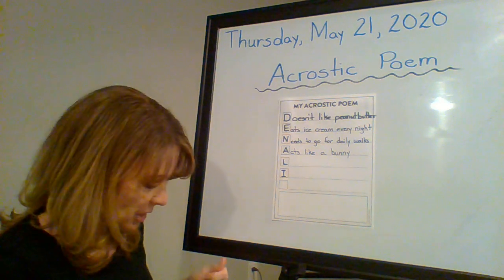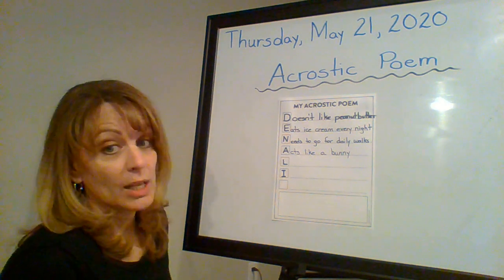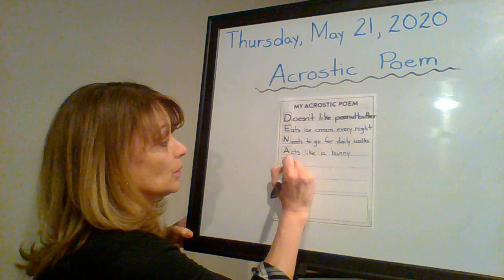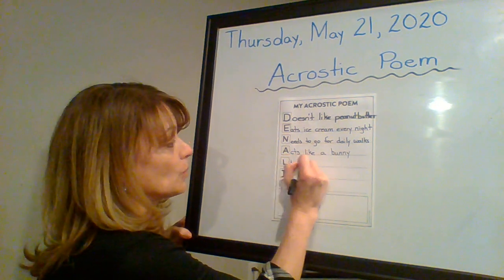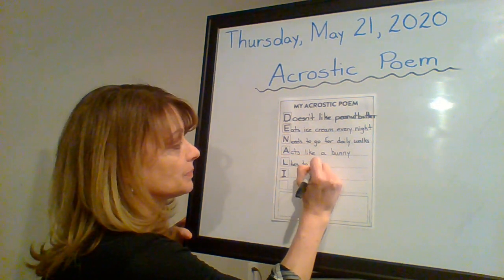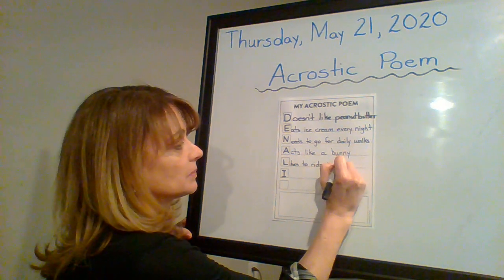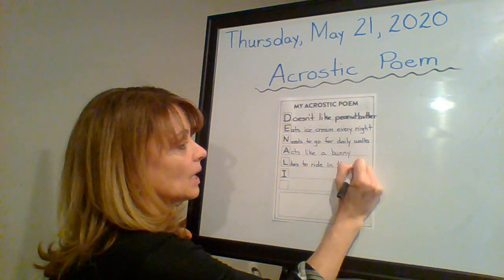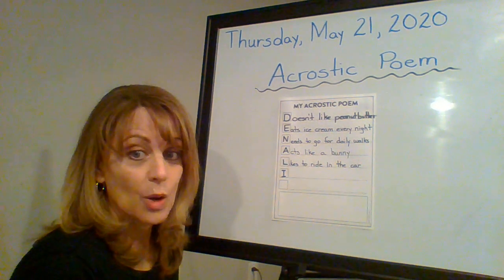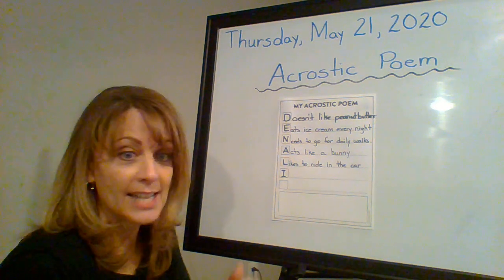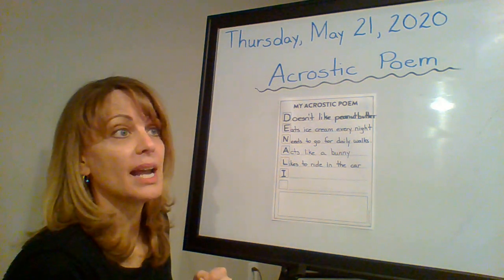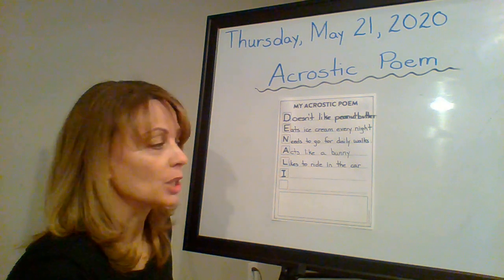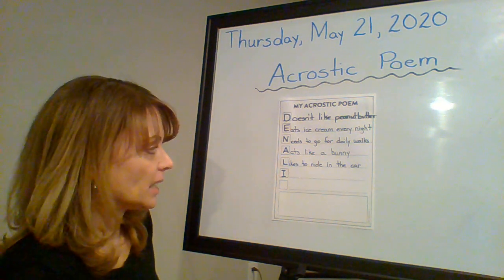But that's what I think of when I think of Denali. And then I got down to that L and I said, well, I know what Denali likes to do. Denali likes to ride in the car. If I say to Denali, want to go for a ride in the car? He is at that door in a shot. He sits right down and he waits for me to open the door. So he likes to ride in the car.